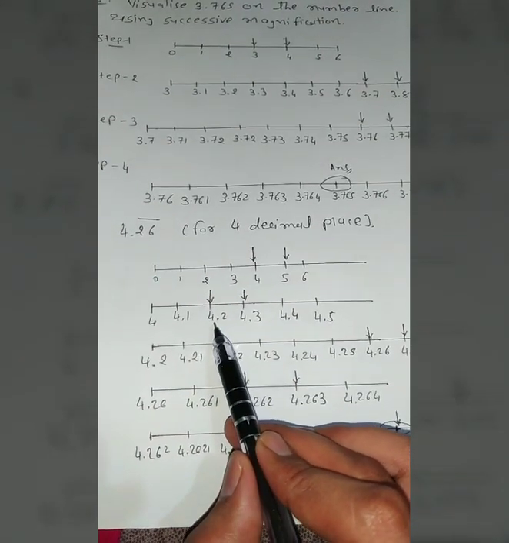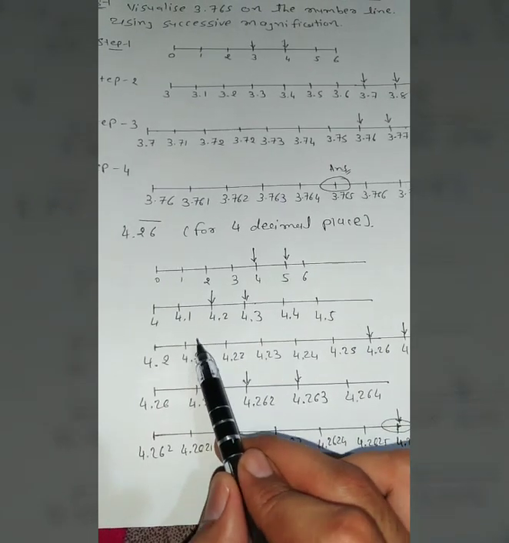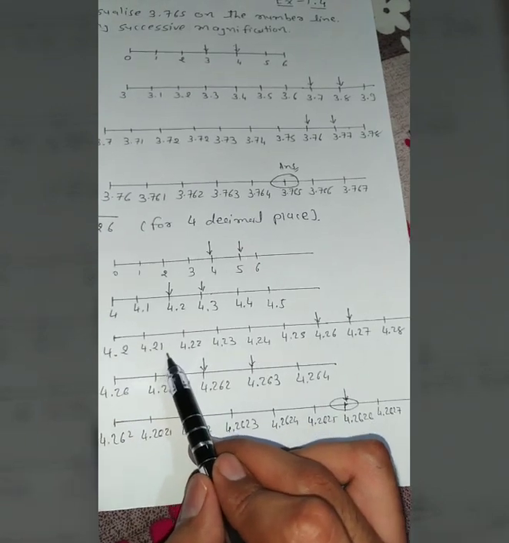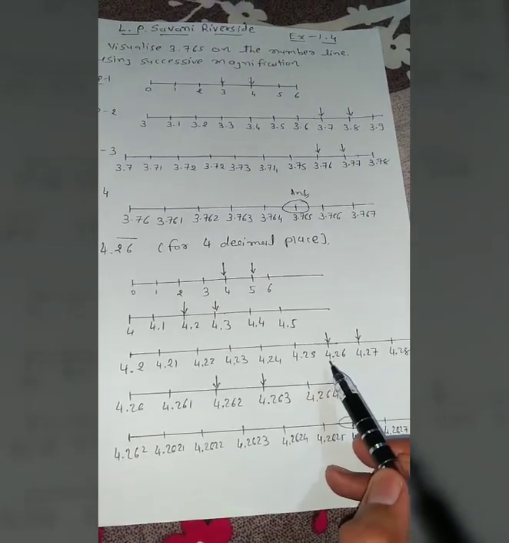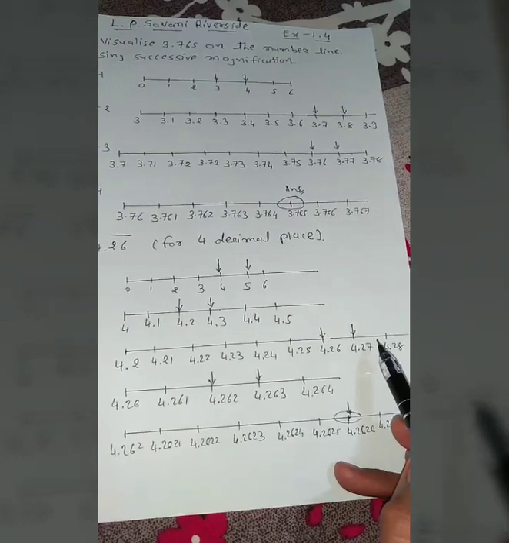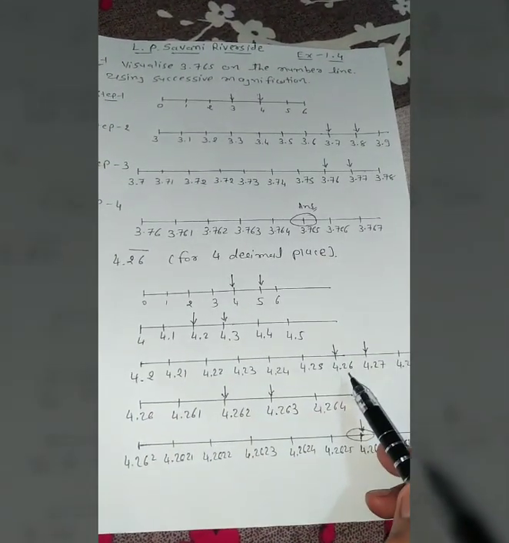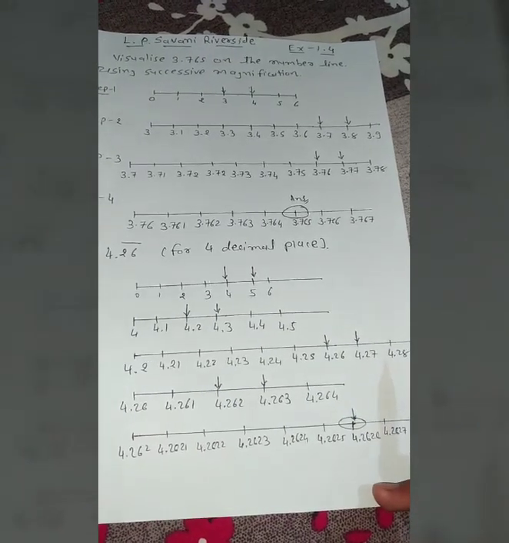In the next step, I expand this line segment between 4.2 and 4.3. After that, I can find 4.2, 4.21, 4.26 up to 4.27. So 4.26 and 4.27 are the line segment we want, where 4.2626 lies between 4.26 and 4.27.